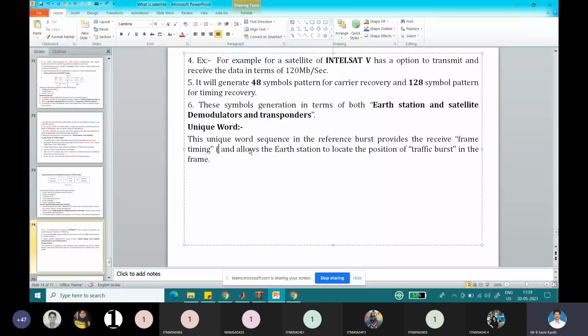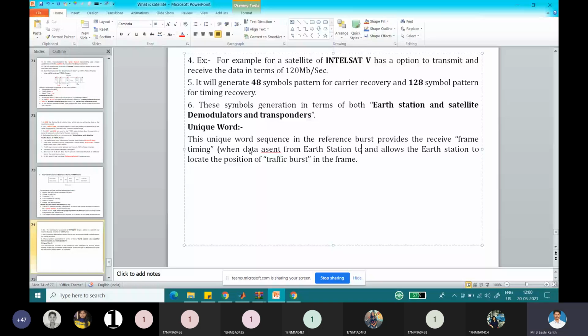How is it receiving frame timing? When data is sent from the earth station to the satellite, this is most important, it will identify the frame timing.